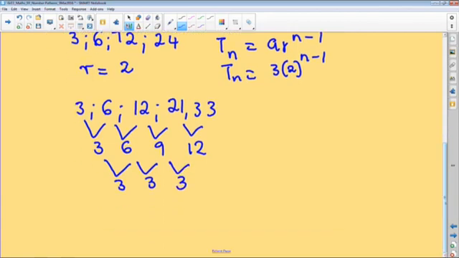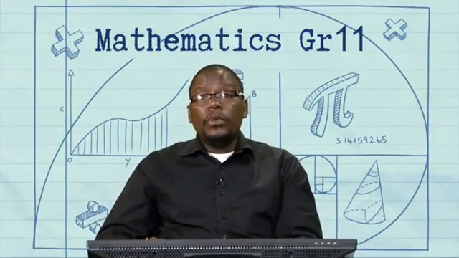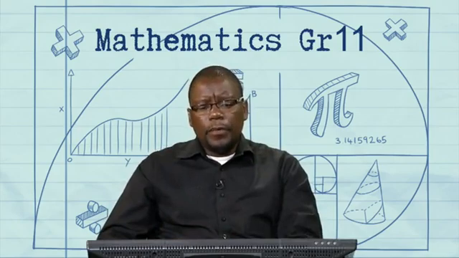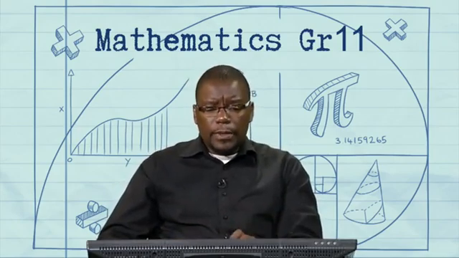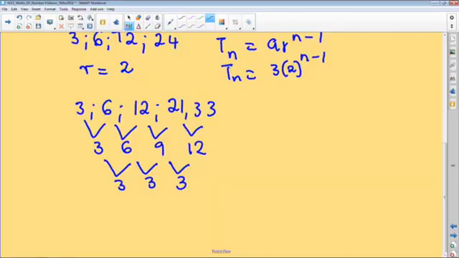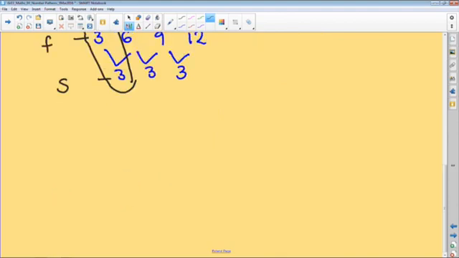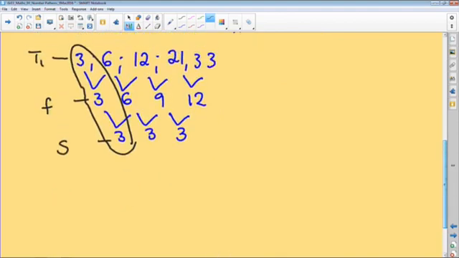And you know that this one is in the form of an squared plus bn plus c. But I just wanted to show you something else as well that you can quickly get to your general term. So this, I'll call T1, and then this is F, and then this is S. Now I want to show you another method here.